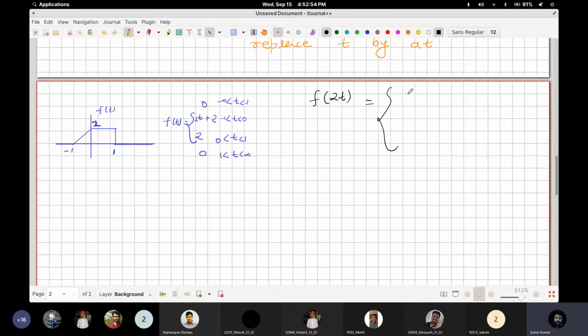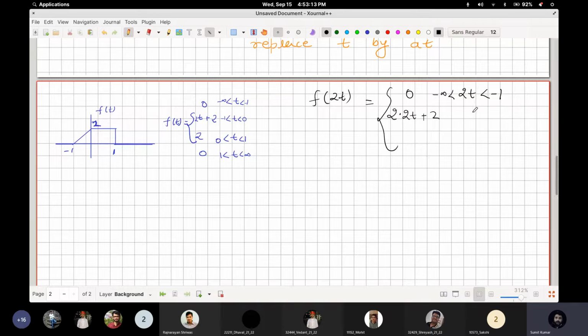t is replaced by 2t, so 0. You will have 0 between minus infinity to minus 1. Again, t is replaced by 2t, so what will you get? 2 times 2t, isn't it?